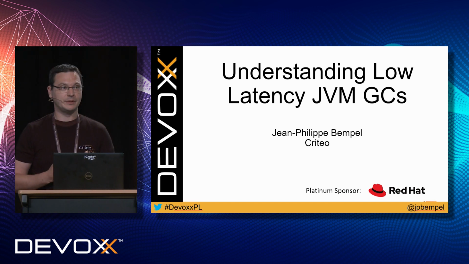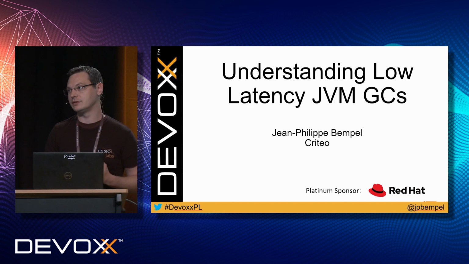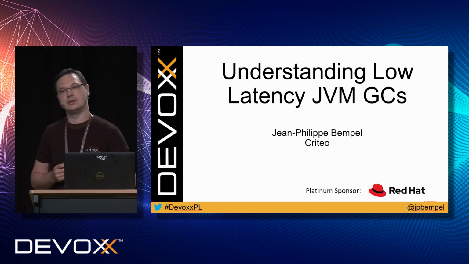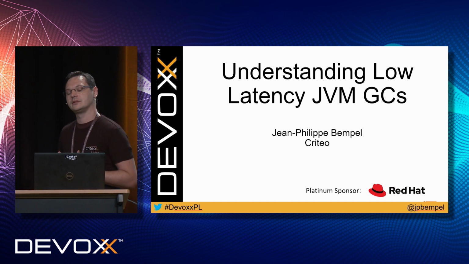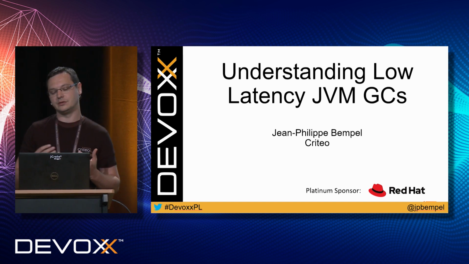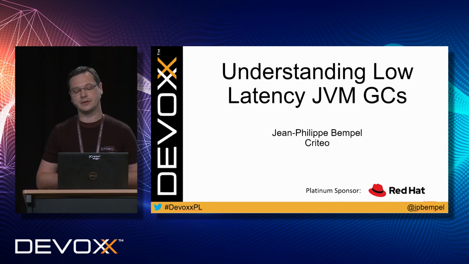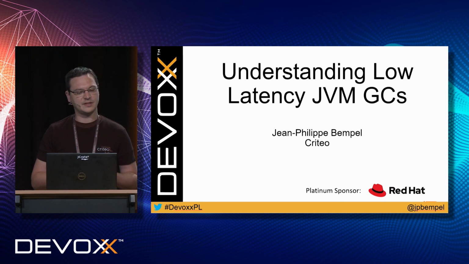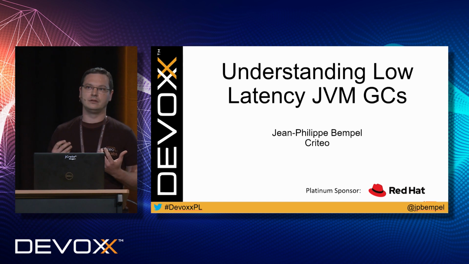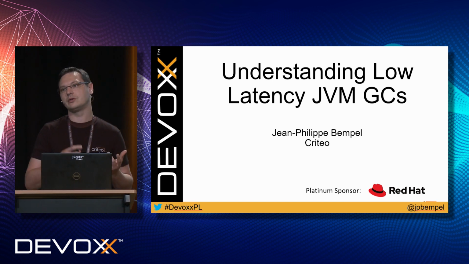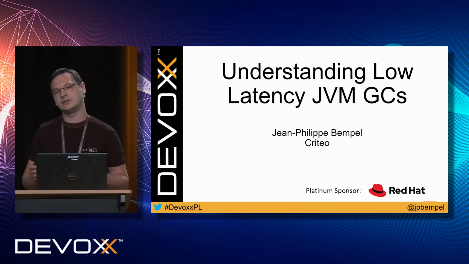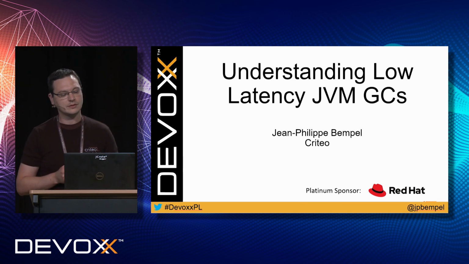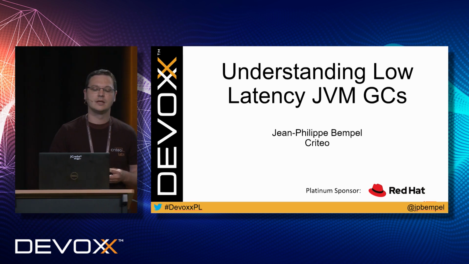So my name is Jean-Philippe BEMPEL. I work for Criteo. Criteo is a company that does ads retargeting. But before Criteo, I was in a company that did trading, financial domain, fintech, and the goal was to route orders from the investment bank to the market in less than 100 microseconds, not milliseconds.